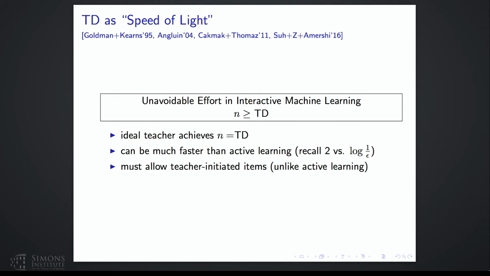And many times we have a constructive way to show what the optimum teaching set is. Now, although it's an inequality like this, I want you to think of this as strictly greater in practice. Many times, the teaching dimension is going to be much smaller than whatever you do, including active learning.